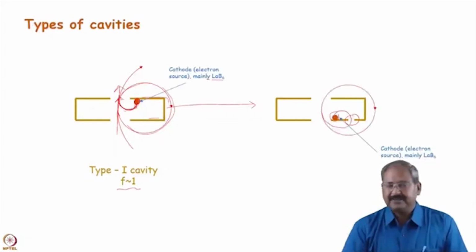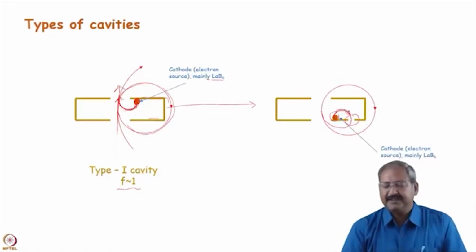So when electrons are ejected, they take this path. Here you can see that the particle is accelerated to some extent by the electric field of the RF cavity because it is inside the cavity, and it passes through this hole and comes here again, and again takes the complete delta E energy from the cavity, and then this is the first turn.